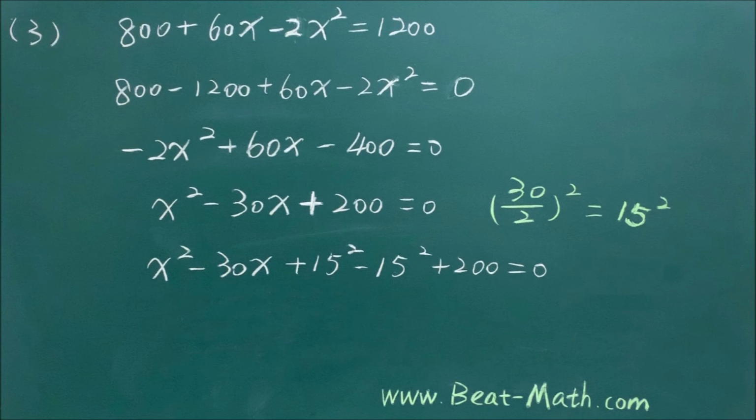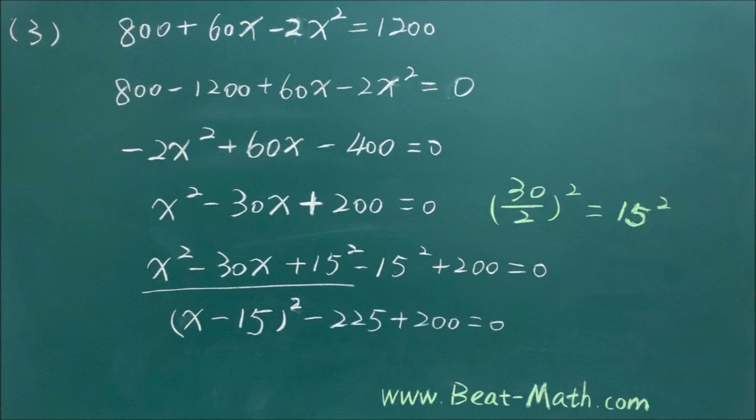The square of 15 is 225, so we get (x minus 15) squared minus 225 plus 200 equals 0. Moving the numbers to the right side and changing their signs to get (x minus 15) squared equals 225 minus 200 equals 25.